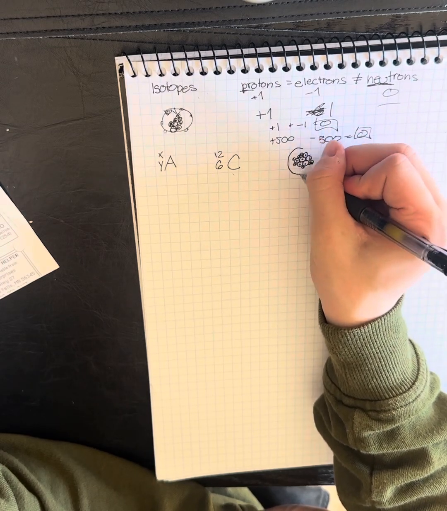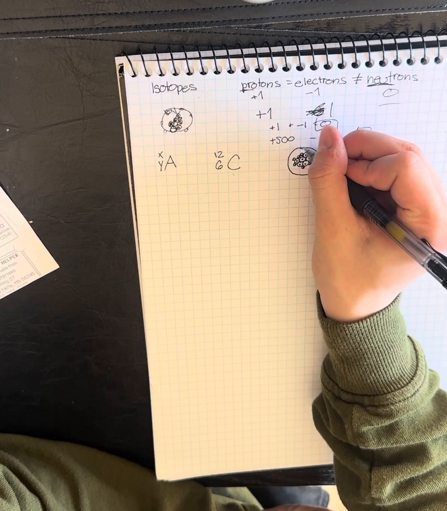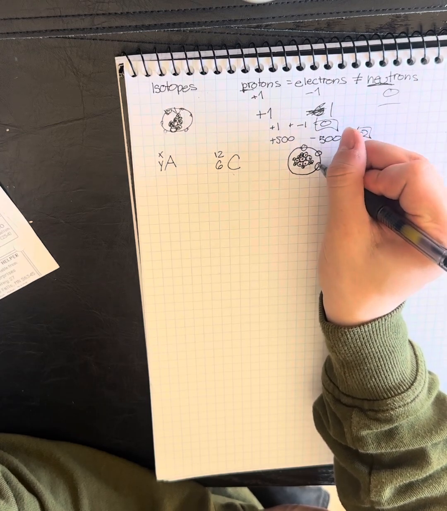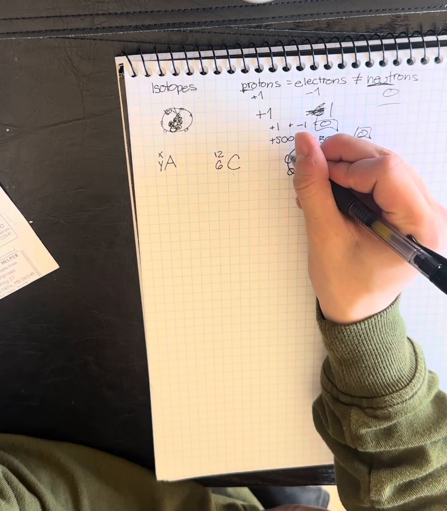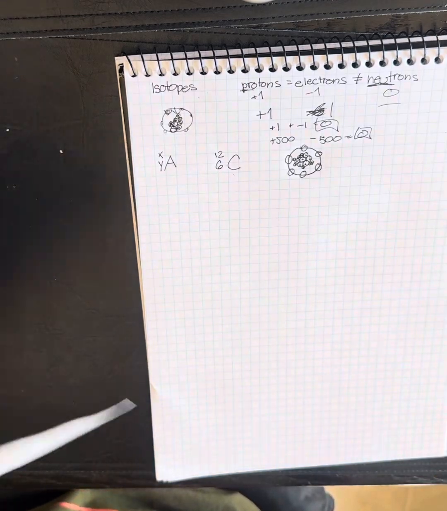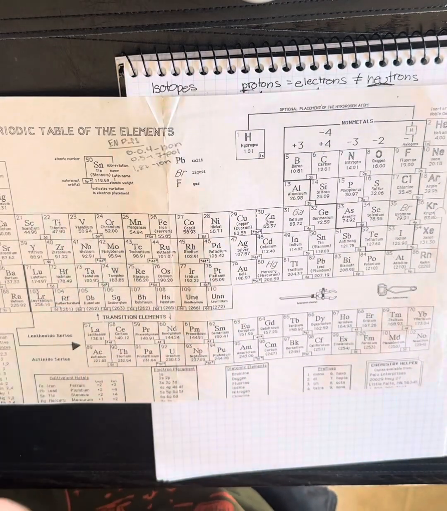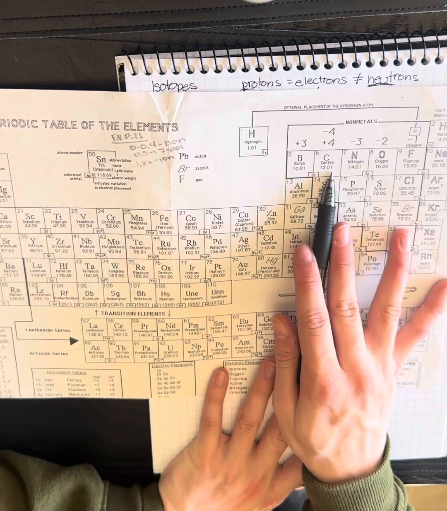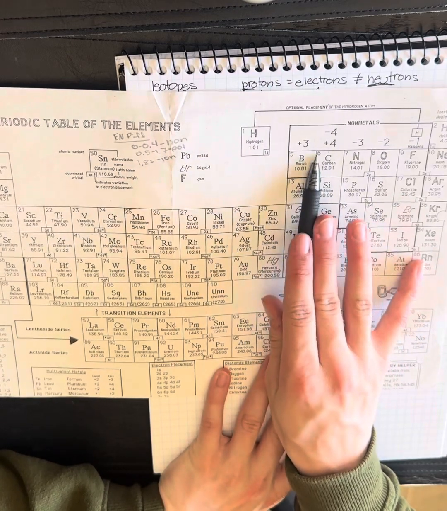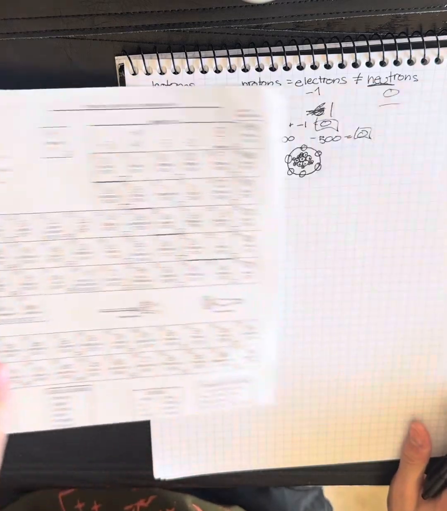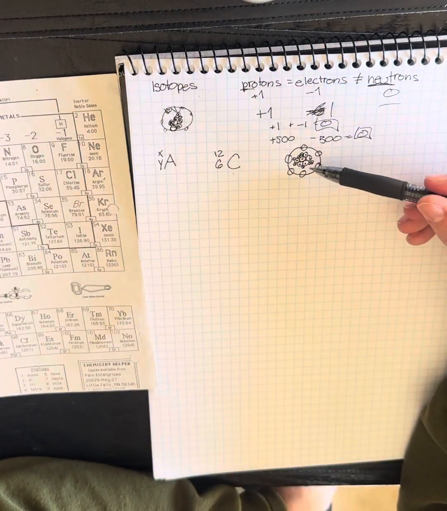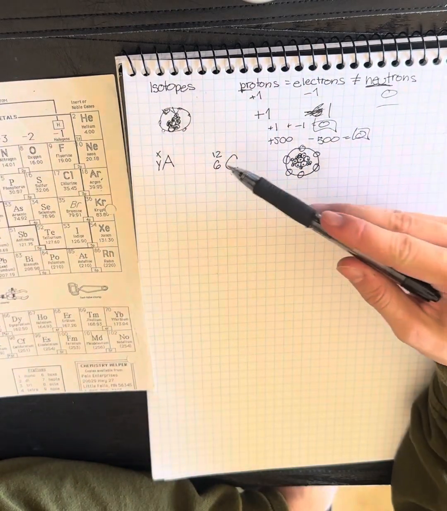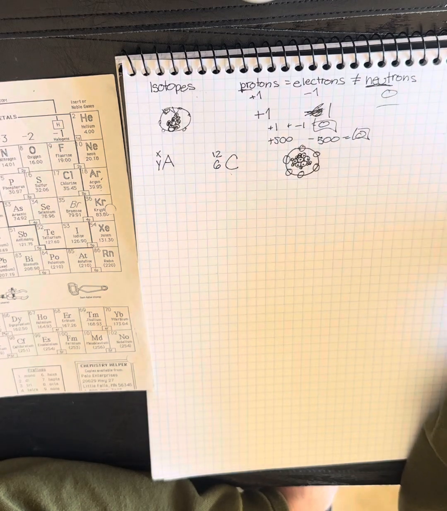And because it's a neutral atom, it also has 6 electrons on the outside. We can confirm this. The mass number of carbon is roughly 12. Its atomic number is 6. So 6 protons plus 6 neutrons equals 12.